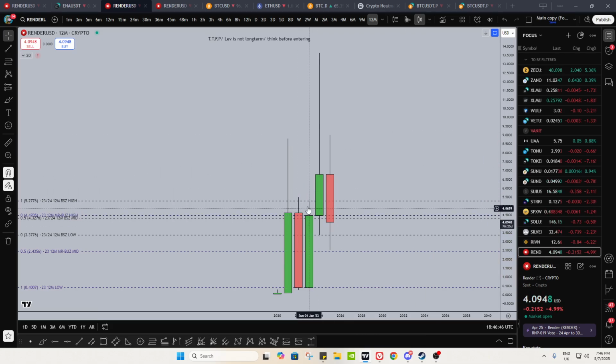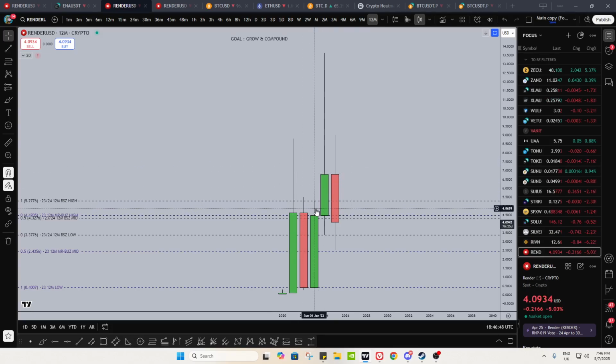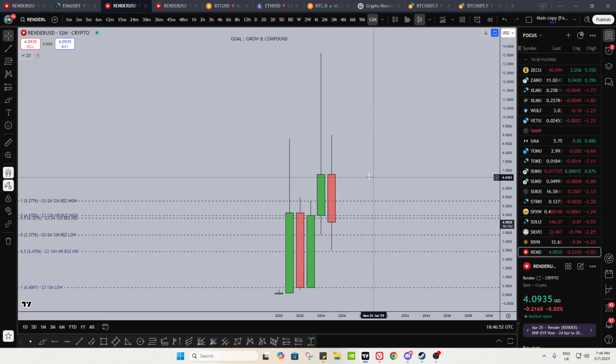And of course you can put the seller zone down too. I'm not going to do it now because it's going to look absolutely messy, but you do have a seller zone here you can put down.